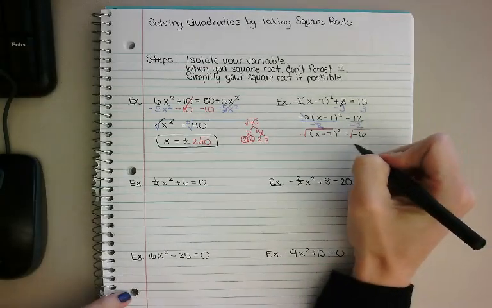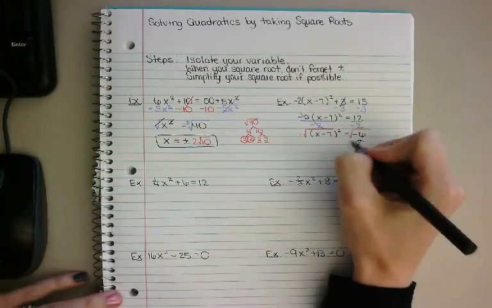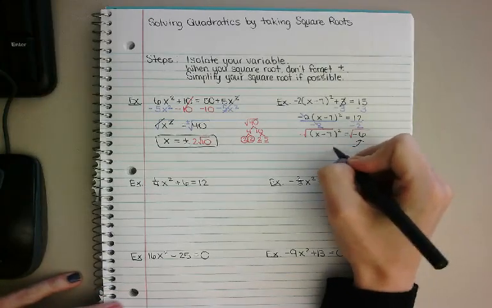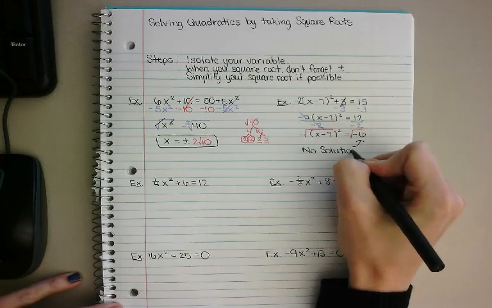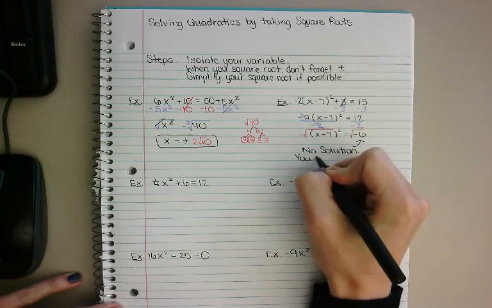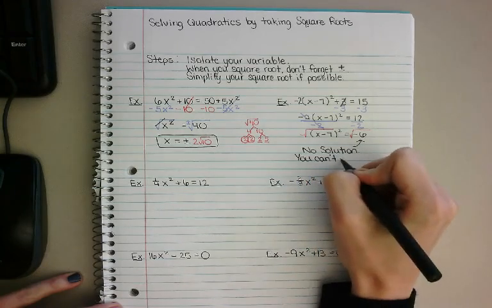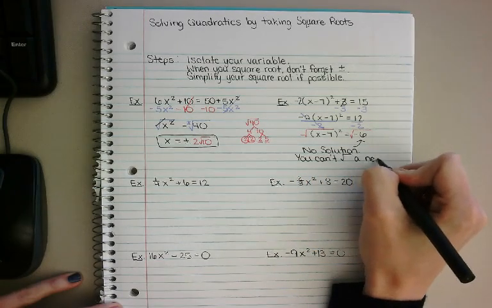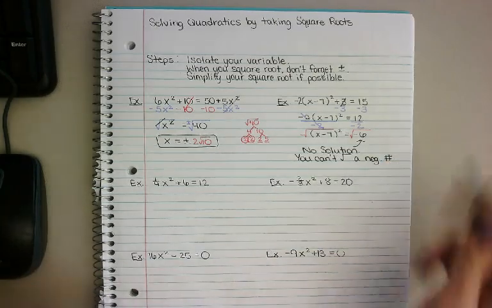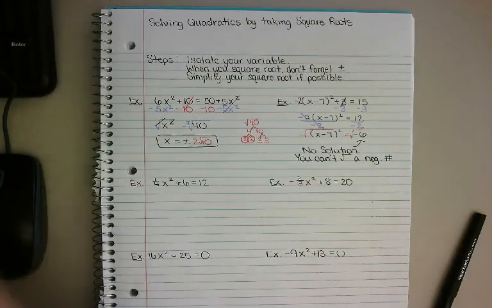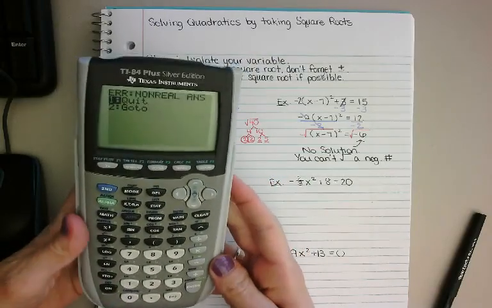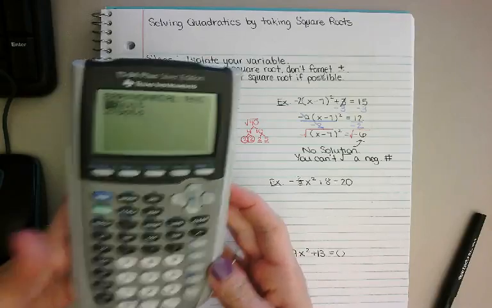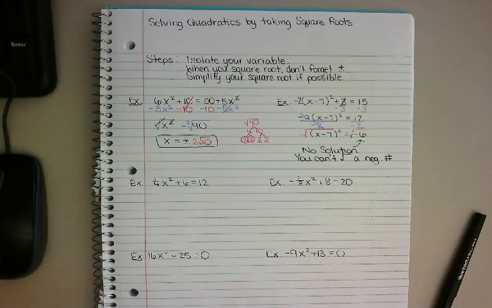However, you cannot square root a negative, so this is no solution. You can't square root a negative number. And I'll show you, if you grab a calculator and you try to type in the square root of -6, it's going to say that there is not a real answer. Okay? So you cannot square root negative numbers.